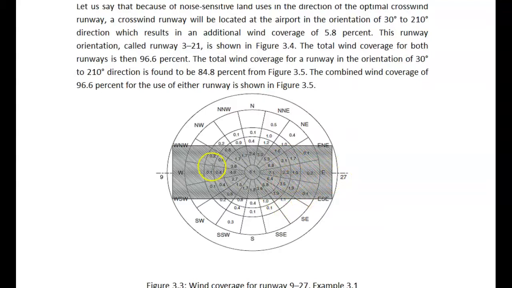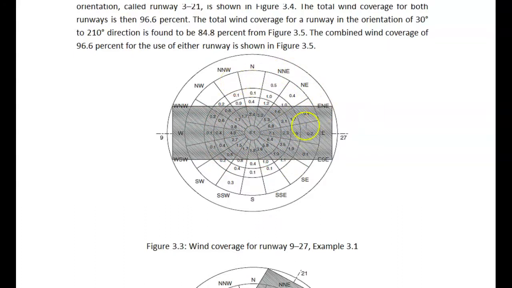This is where we have the highest amount of wind blowing, in this direction, which is 9 to 27. If you add up everything here, it gives us the highest magnitude of wind compared to when you rotate it.